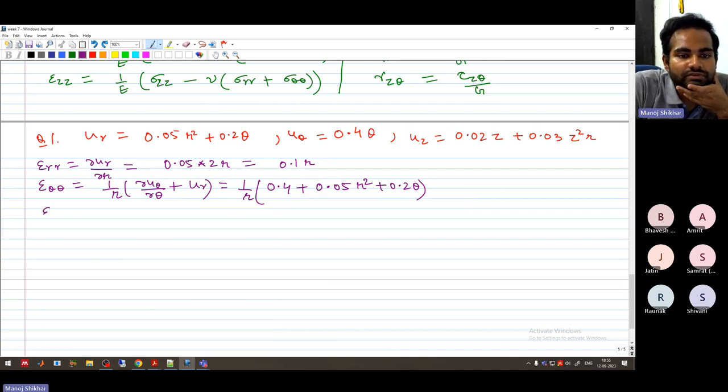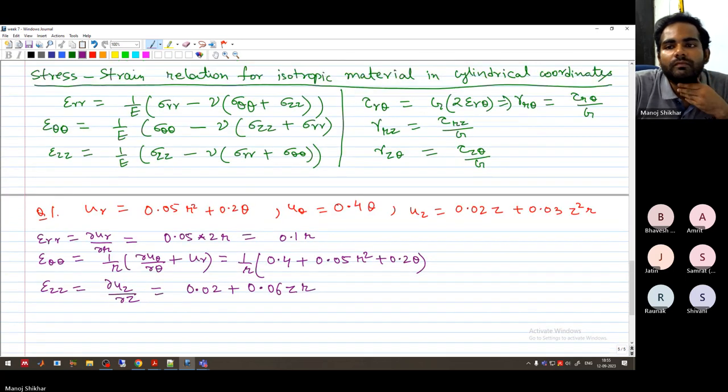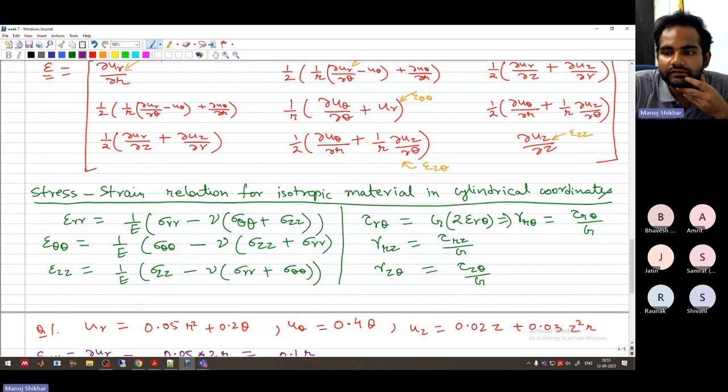So epsilon zz is del uz upon del z. If we differentiate uz with respect to z, we will get 0.02 plus, from here we will get a factor of 2, so it will be 0.06 zr. Now I got off diagonal.